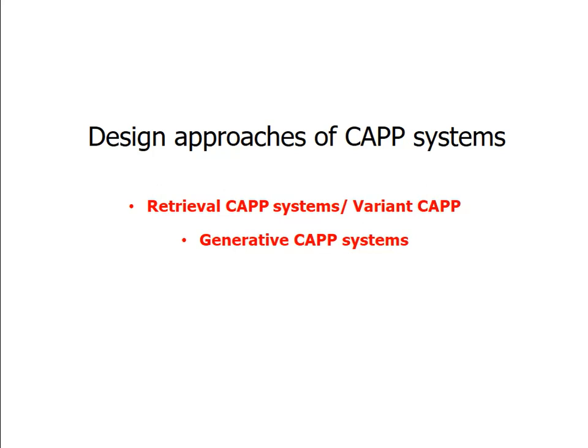There are two basic differences between them. In retrieval CAPP, repetitive kinds of jobs are mainly done, because it will have similar design parameters. So there we normally use retrieval or variant CAPP. Whereas generative CAPP is the one where there is no question of repeating or similar design.